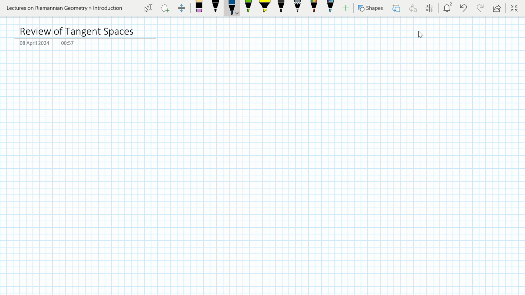So the moment someone says tangent vector, what is the image that comes into one's mind? The following image comes to mind. You imagine that you have your space, and you imagine the tangent vector as arrows originating from a point like this and going to some other point. Now, there is nothing wrong in this picture.